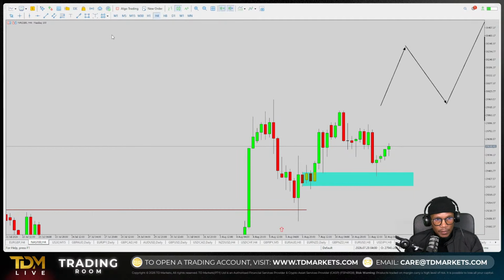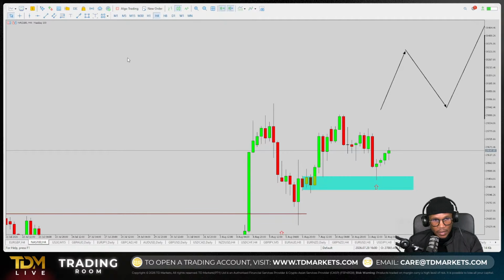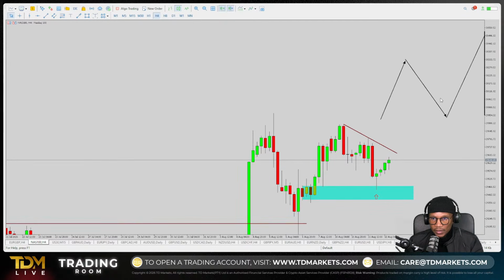We have a tap on this demand zone, and price completed the pattern. This is the pattern, all right? So from here on, the direction would be towards the upside, right?